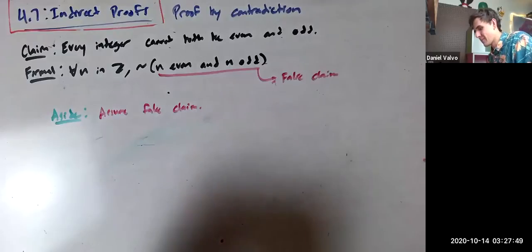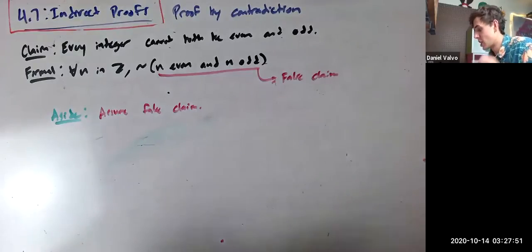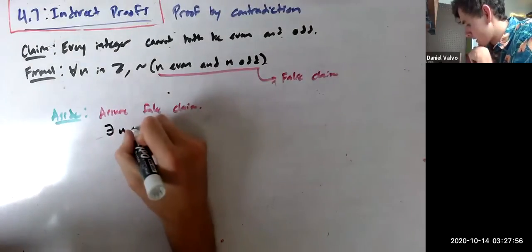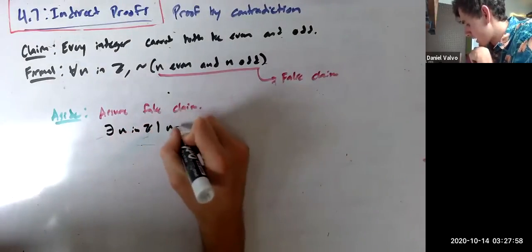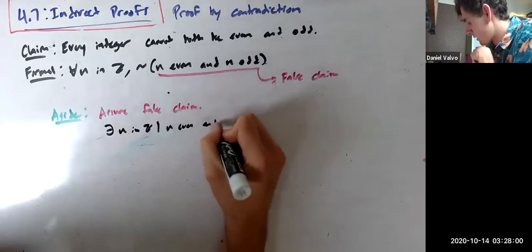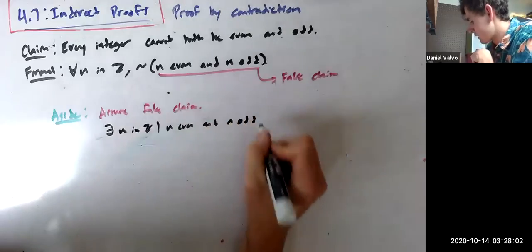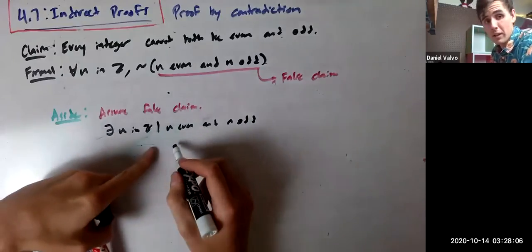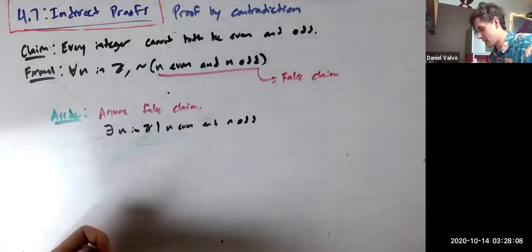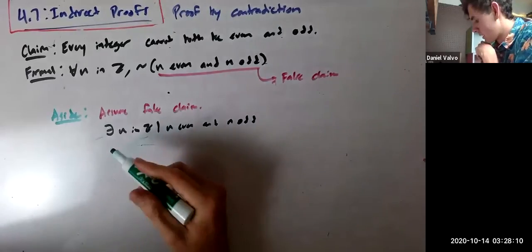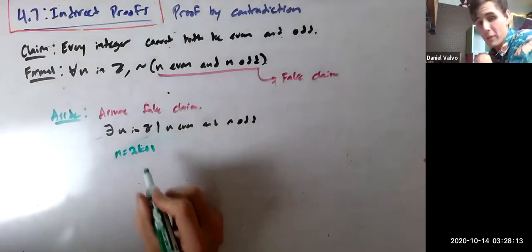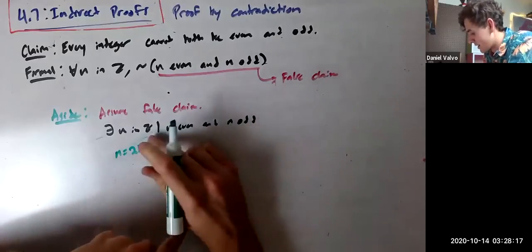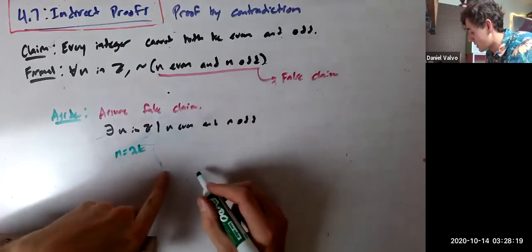And so the false claim is that basically there exists an n in Z such that n is even and n is odd. Well, n's even means it can be written as 2k for some integer k.